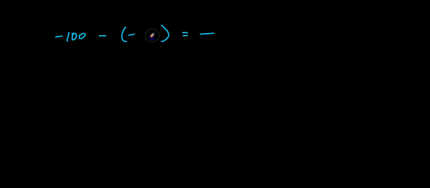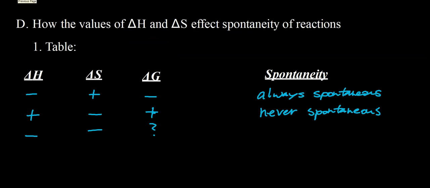That's only when T delta S is smaller than delta H. When would T delta S be smaller than delta H? Well, think about what I said earlier about the magnitude of T delta S. It is determined by temperature. And so what we say in this situation is that this process is sometimes spontaneous.